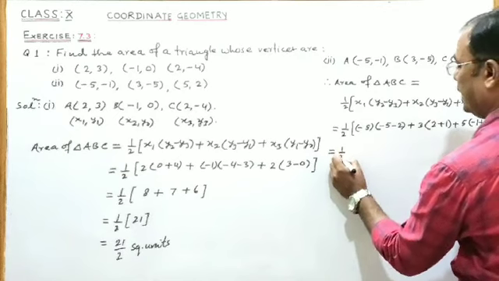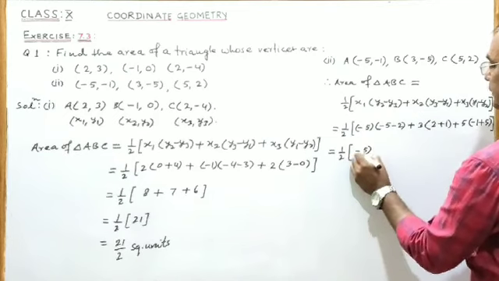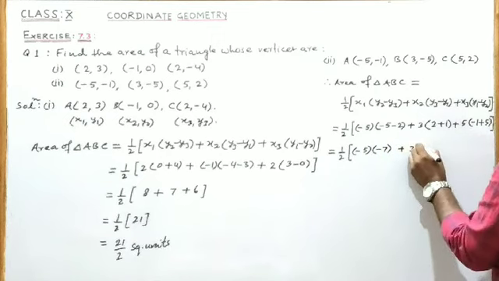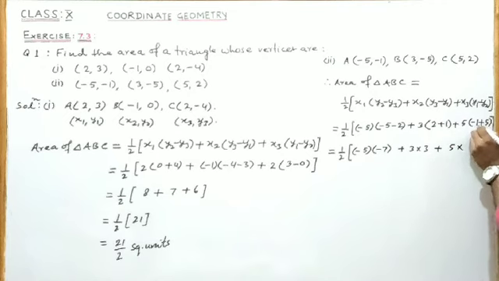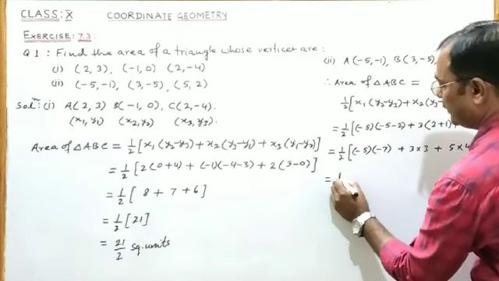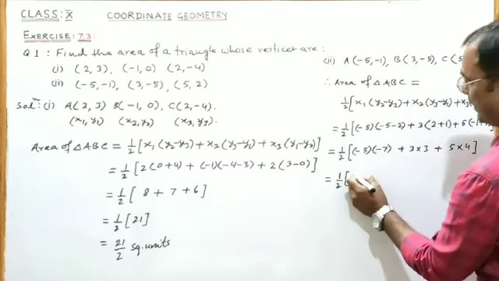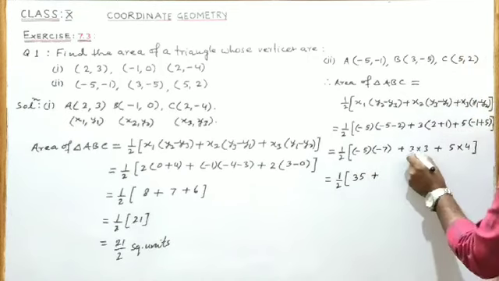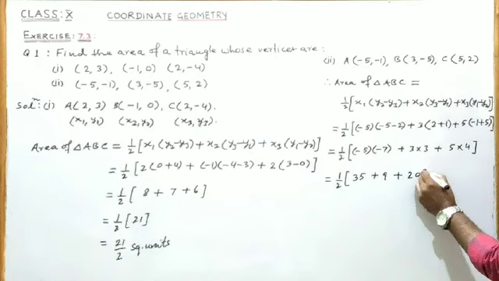This is equal to half into minus 5 into minus 7, plus 35, plus 3 into 3, 9, plus 5 into 4, 20.